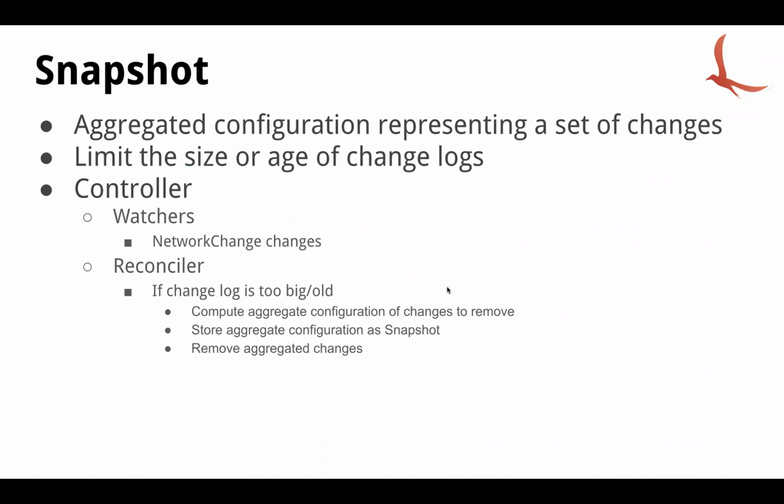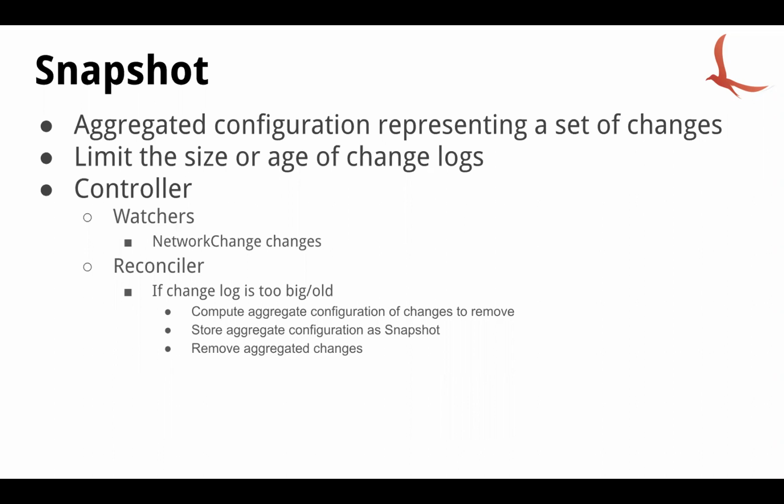And then there are also some snapshot controllers. So these are what basically monitor the logs, figure out when they get too long, and roll them up into a snapshot. And again, the idea is just to not allow the log to grow infinitely. So the network snapshot controller watches the network change store for changes.